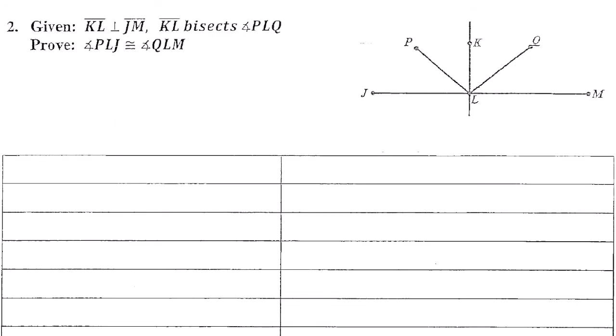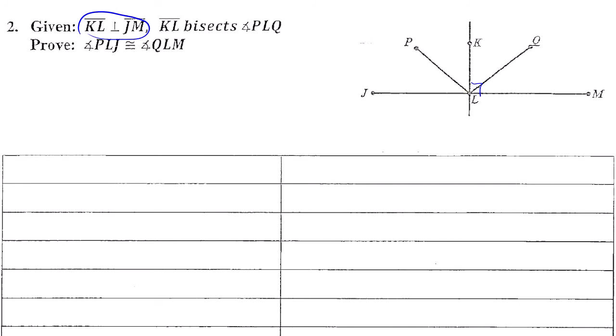All right, number 2. So here we're given that KL is perpendicular to JM. We're given that KL bisects PLQ, right? And so remember, first of all, when you're given a perpendicular, you want to use probably the definition of perpendicular to say that these are right angles, okay?